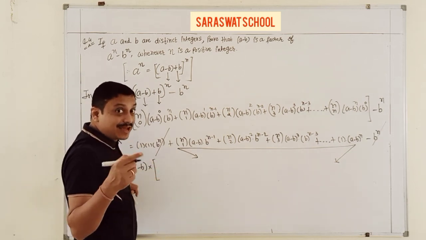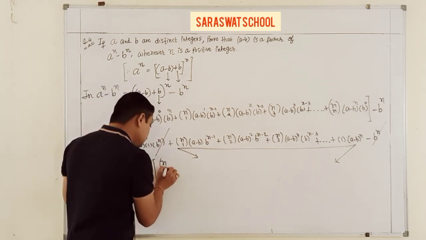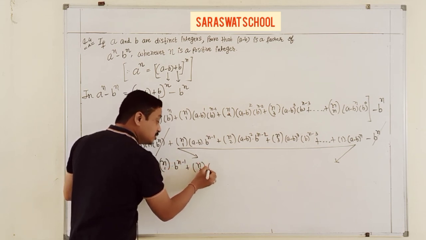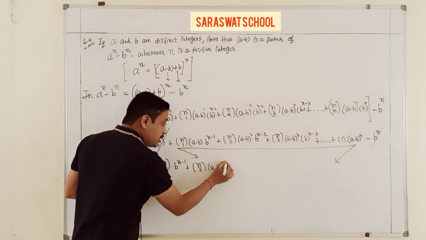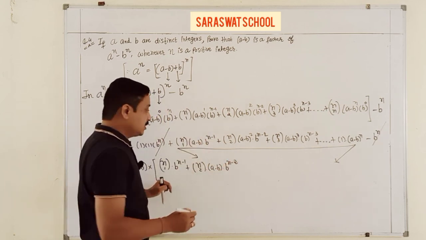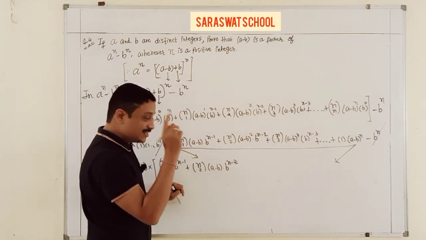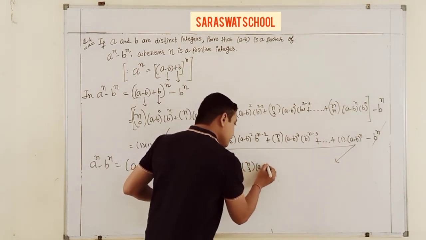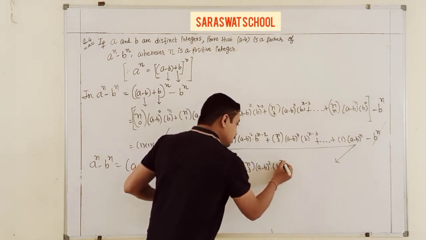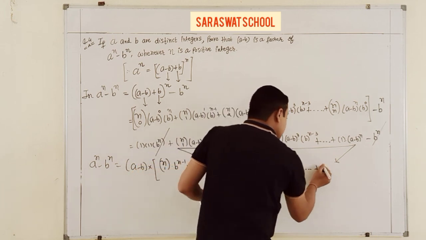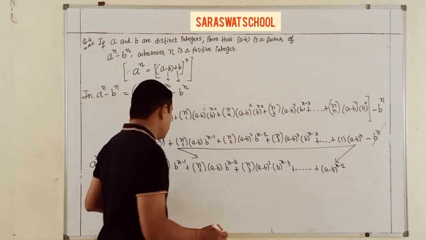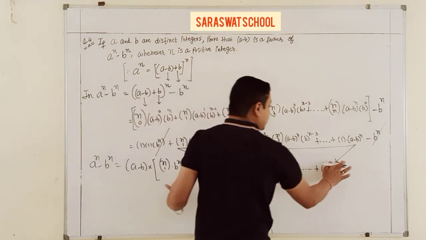Now what is the left part? nC1 b raised to n minus 1, nC2 b raised to n minus 2. Here one factor is taken out, one is remaining, nC3 b raised to n minus 3, plus (a minus b) raised to n minus 1, since one factor of a minus b is taken, so n minus 1 remains.